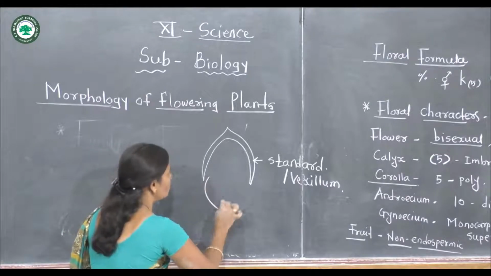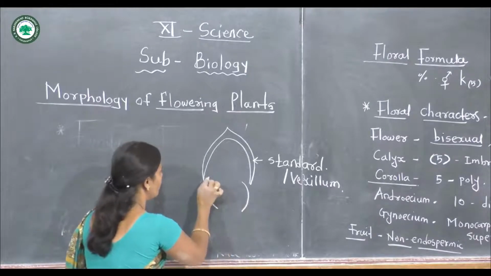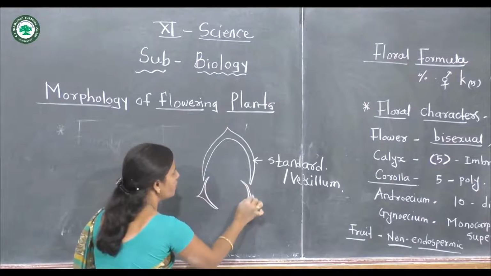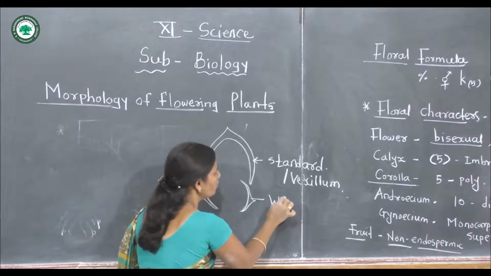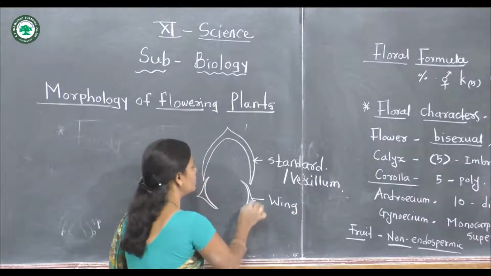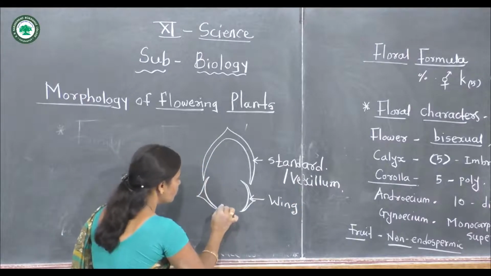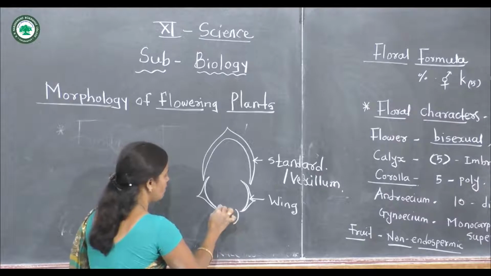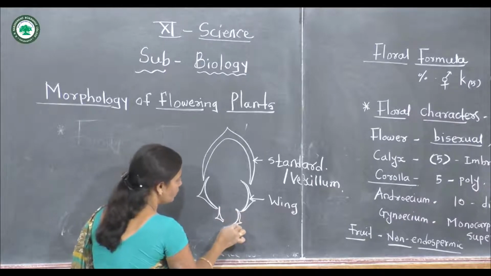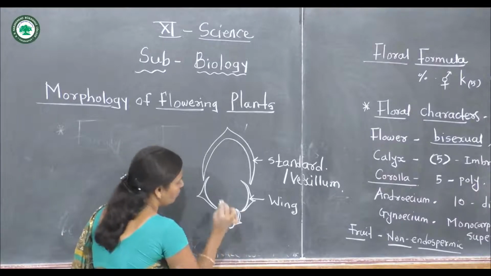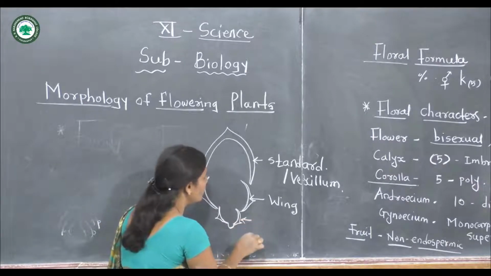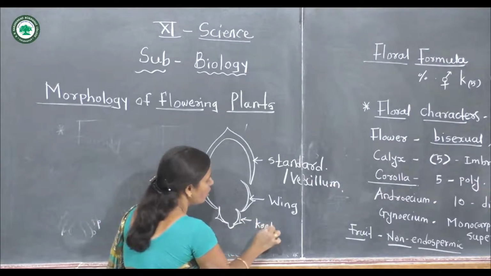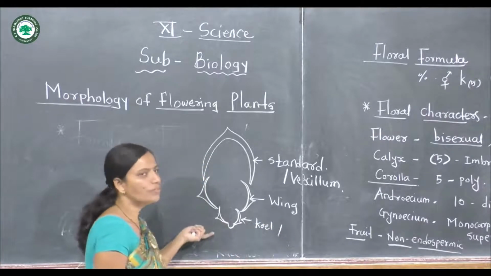Now these two smaller petals look like a wing shape. These 2 petals are wing shaped, and the innermost 2 petals are joined with each other, and this looks like a boat-shaped structure, and it is called the keel or carina of the flower.